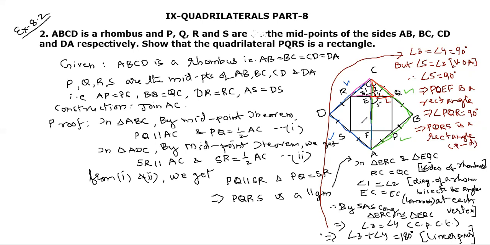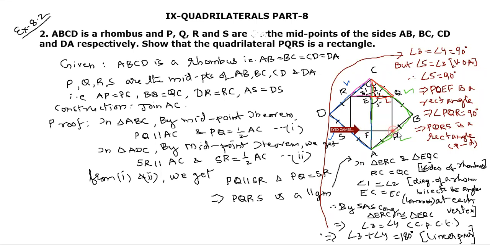Again, if you want, I can explain it again. Here we have to show that this PQRS is a rectangle.